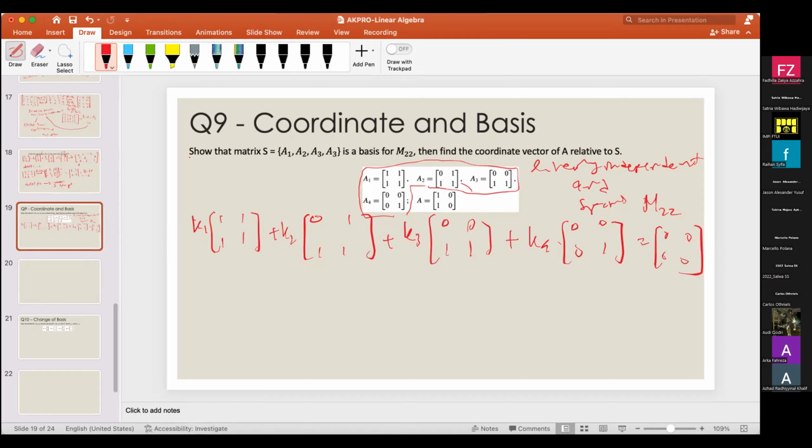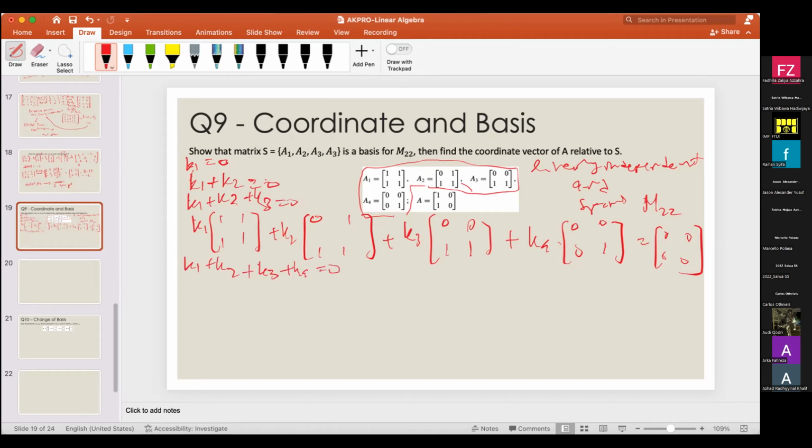So we get the equations: K1 equals 0, K1 plus K2 equals 0, K1 plus K2 plus K3 equals 0, and K1 plus K2 plus K3 plus K4 equals 0.